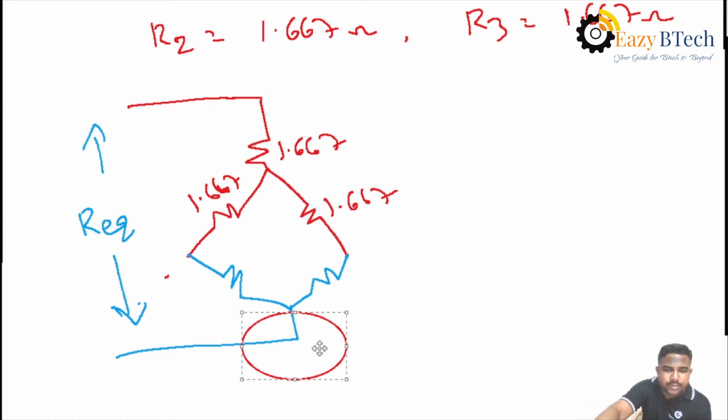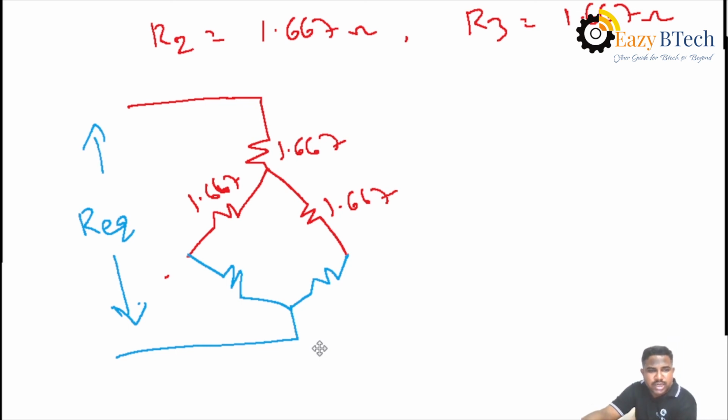Then, after changing to star connection, what are the changes in the given problem? This value is nothing but 2, and this value is nothing but 3 here. Observe here: 1.667 and 2, and 1.667 and 3, both pairs form series connections.